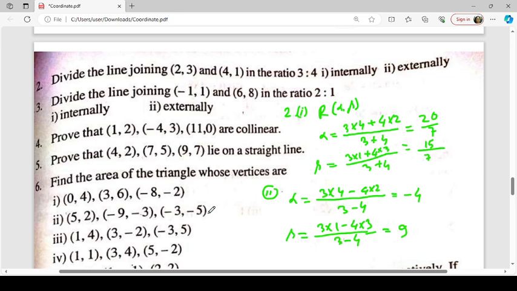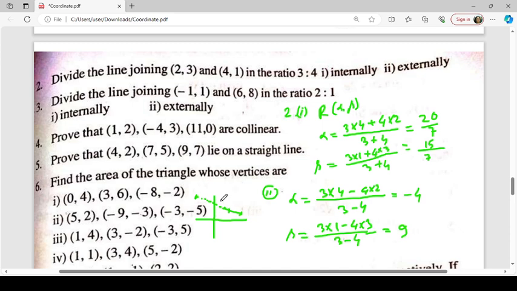So if we draw the figure, (2, 3) is somewhere here, (4, 1) is somewhere here. Then 20 by 7 is 2 point something, and 15 by 7 is 2 point something, so this is somewhere here, in between A and B, since the ratio is 3 to 4. And the other point means this is external division, it is the extended part.